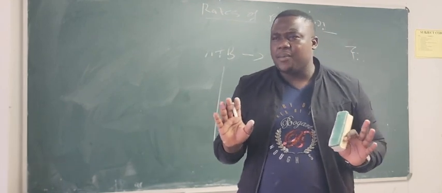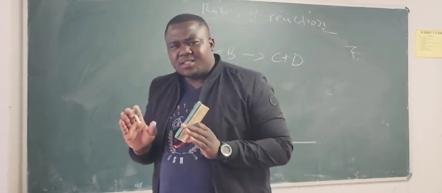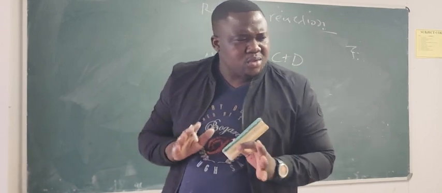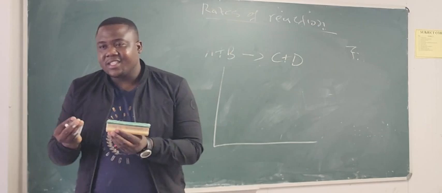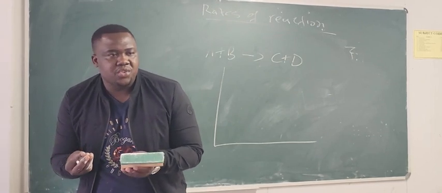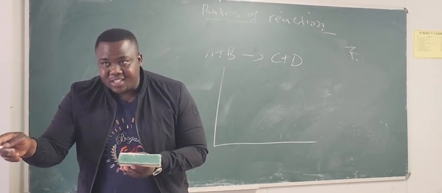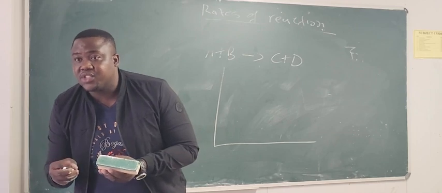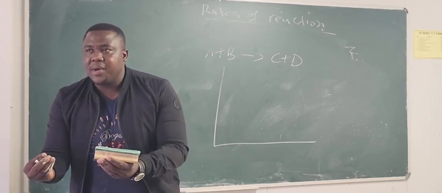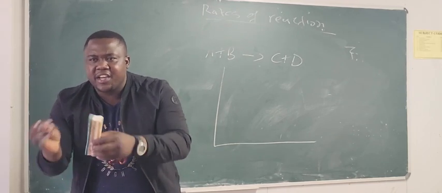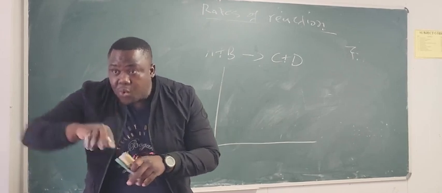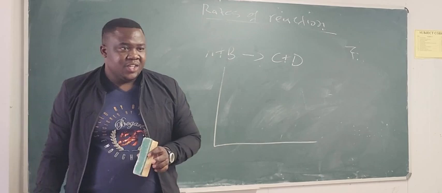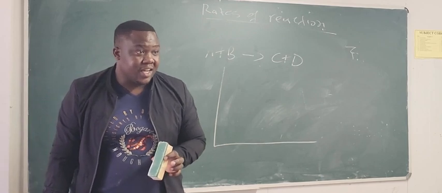Guys, I prefer people to see these things in their mind and to talk. Don't keep quiet. The reactants are the things that we start with, and the products are the things that will come out. As I mix, the reactants will be finished and we will no longer have the reactants. We'll have the product. You understand?